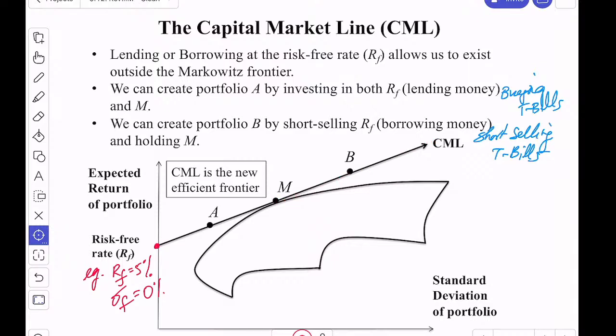And using the proceeds of the short sell, or the proceeds of borrowing the asset and then selling it, putting it towards the market portfolio to expand the portfolio returns. Yes, you still have risk, but if an individual is prepared to take on additional risk, they have the potential for those returns.